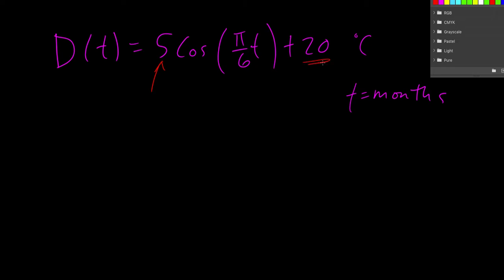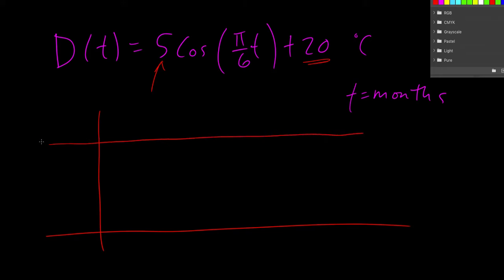This is going to tell us where our center point is, or our average. If we draw this on a graph, we're going to put our middle right here at 20, and then up from there, we go 5, so that'll be 25. We'll also go down from there by 5, which will be 15.